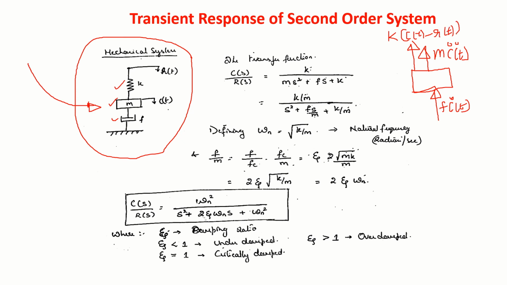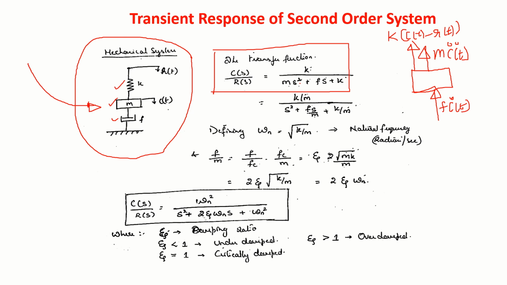So reorganizing this, I am taking Laplace, and if I find the transfer function it will be in this form. This is the way we represent a second order system. Why is it second order?